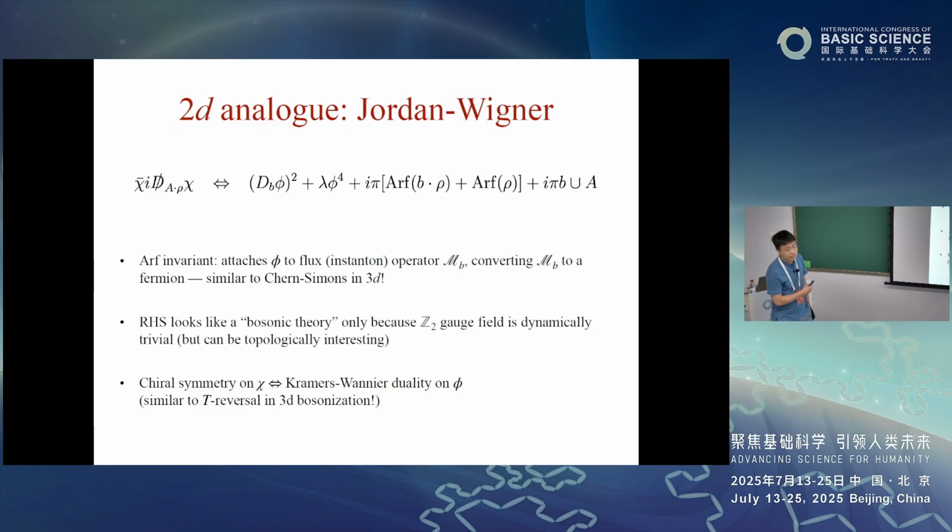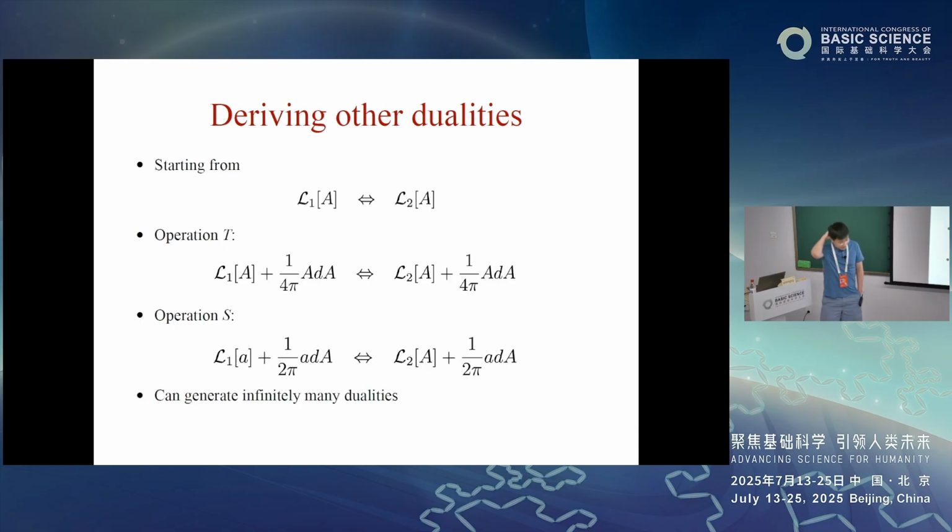Essentially, under the chiral symmetry, this Ising scalar phi becomes its domain wall, and vice versa. So that's very similar to how time reversal works for the 3D bosonization. You see that it's a pretty parallel structure, except the 2D one is made of very familiar things. Okay, so that's one of the 3D dualities.